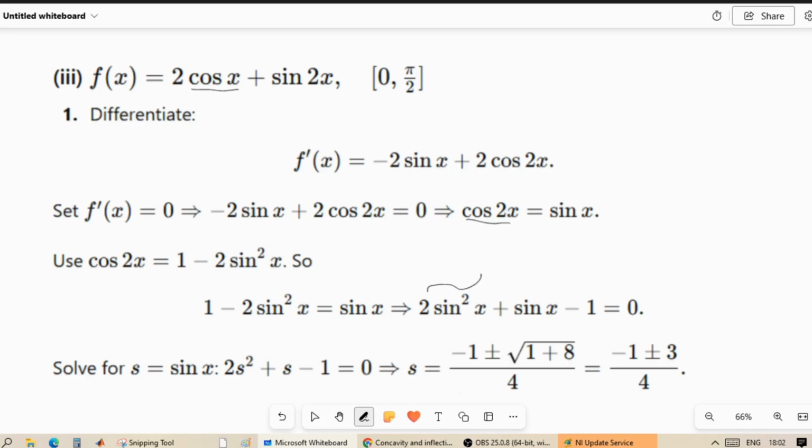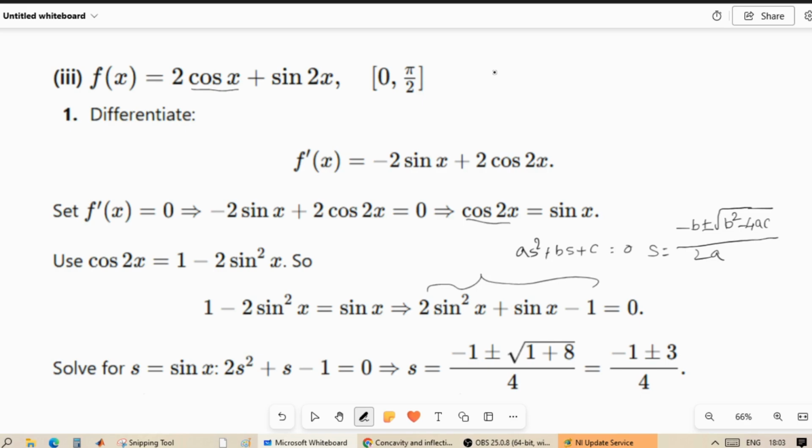This equation is in the form of a quadratic equation, that is a s square plus b s plus c equal to 0. To find the roots, s equal to minus b plus or minus square root of b square minus 4ac by 2a, and that s equal to sin x. The quadratic equation is 2 s square plus s minus 1 equal to 0.